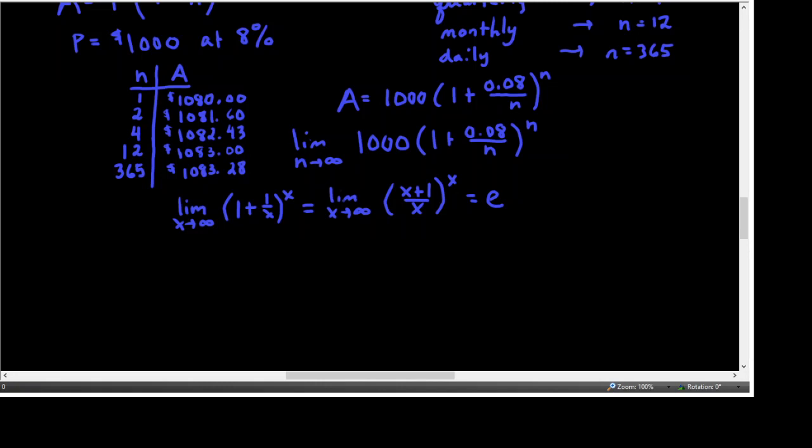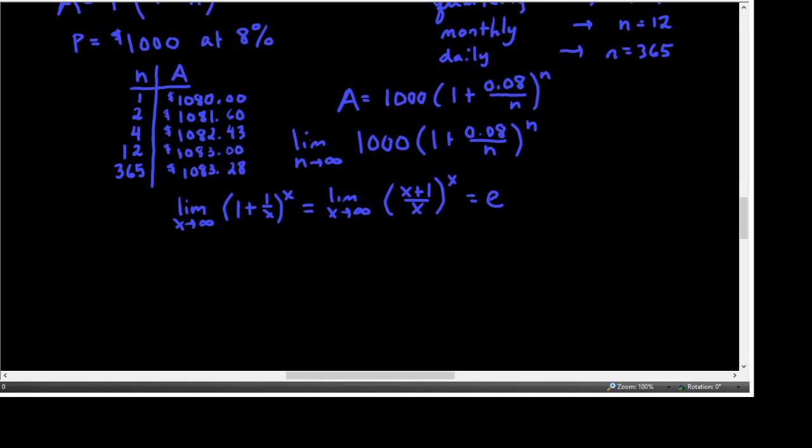And so if we use that, you can test this idea if you want to in your calculator. Type either one of those expressions, 1 plus 1 over x to the x, or x plus 1 over x to the x, and just make x bigger and bigger and bigger. You'll notice that your answers for that power get closer and closer to 2.71828 when you get up to around 1 million.